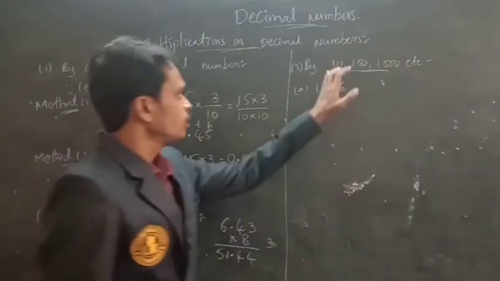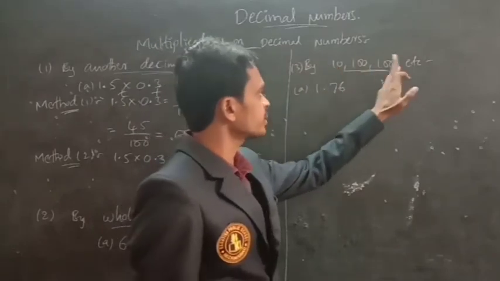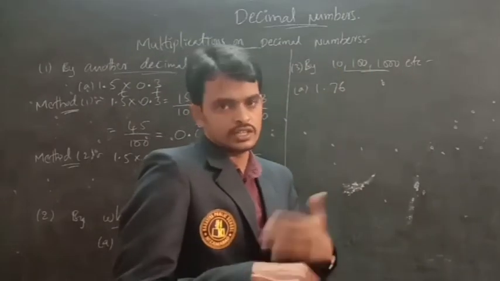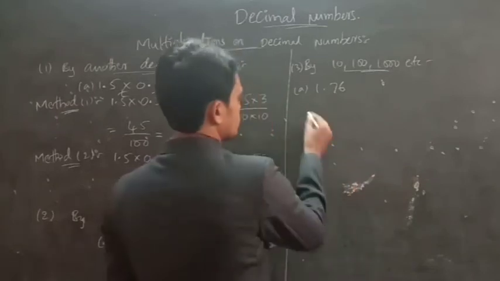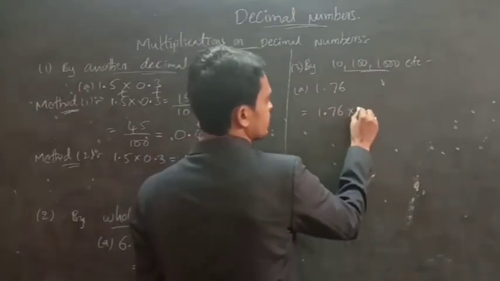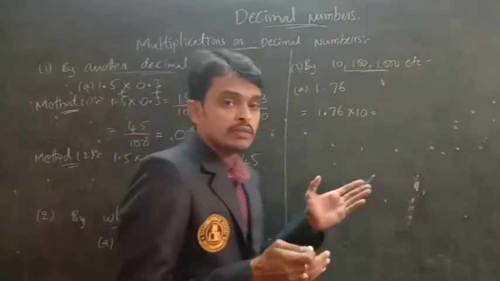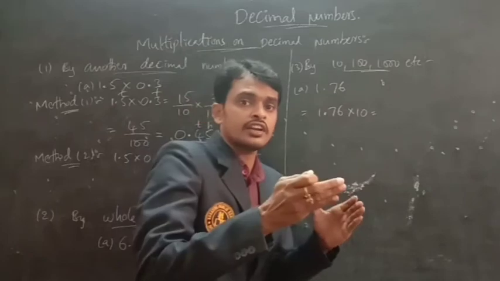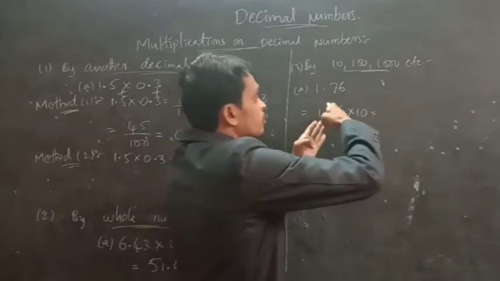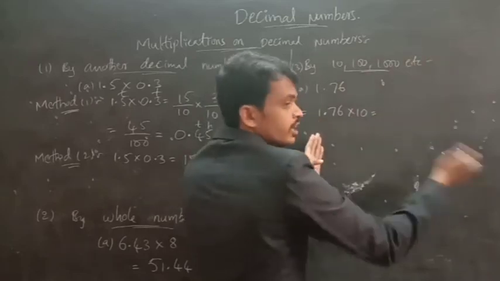Now we are multiplying the decimal number by 10, 100 and 1000. What will change? Let us see. Here 1.76, first we are multiplying with 10. If you multiply with 10, 100, then the point will move from left side to right side.